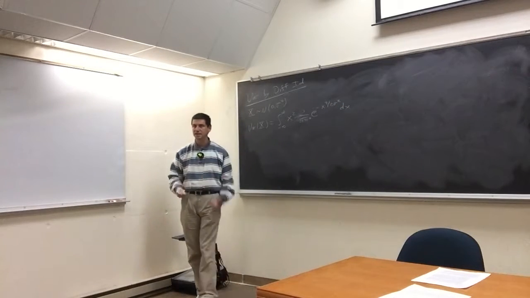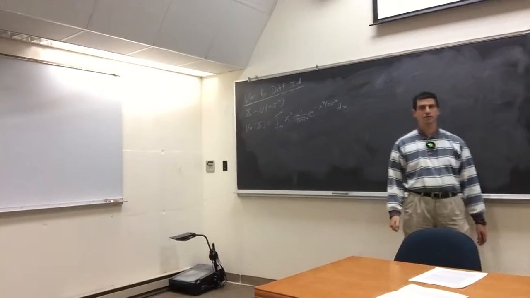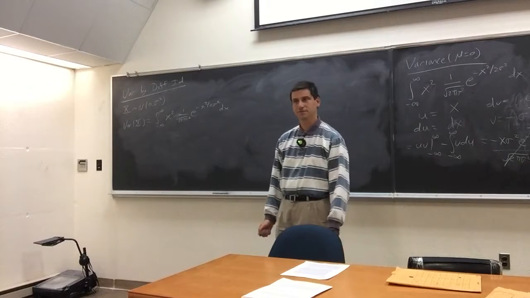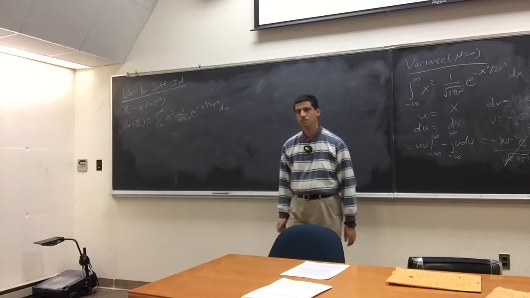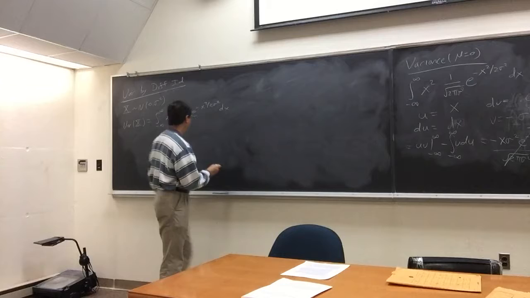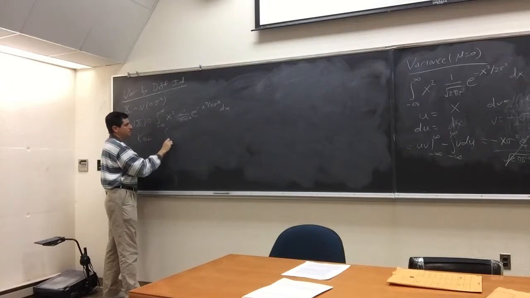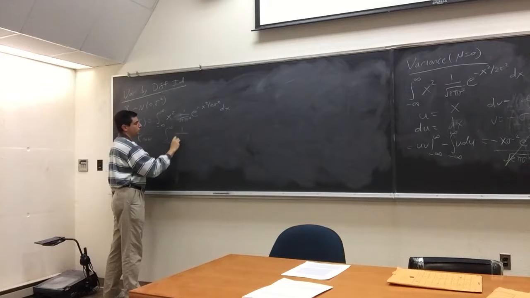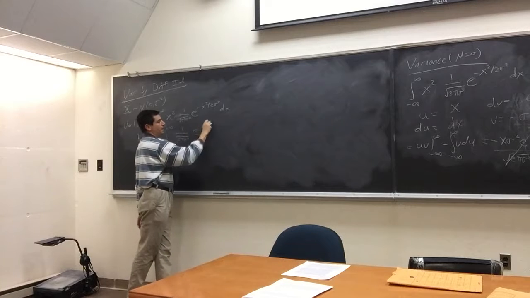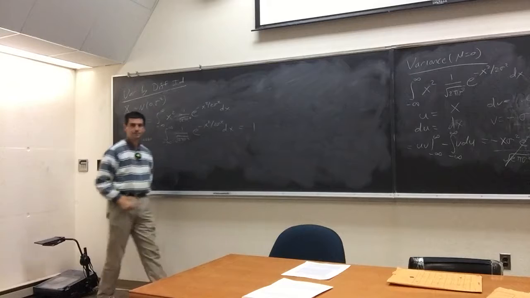Now we need to start with an identity. What's the identity we know in this case? The density function integrates to 1. So we know the integral from minus infinity to infinity of 1 over square root of 2 pi sigma squared e to the negative x squared over 2 sigma squared dx equals 1.